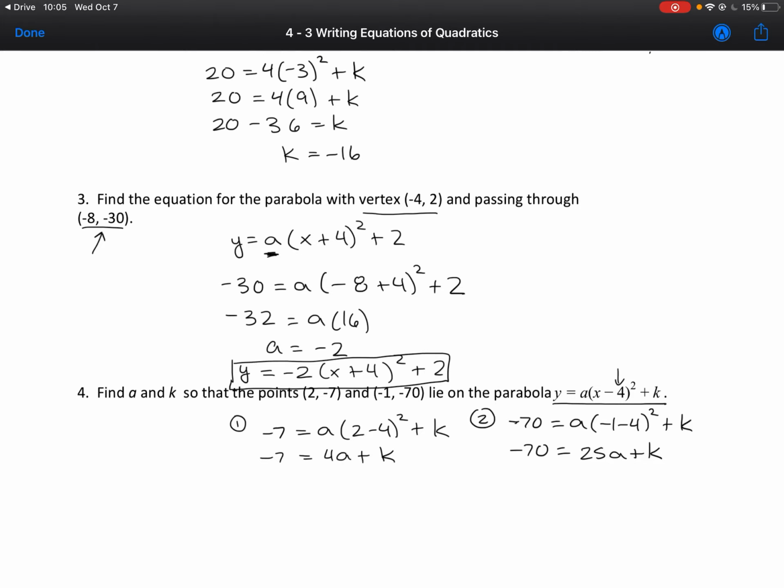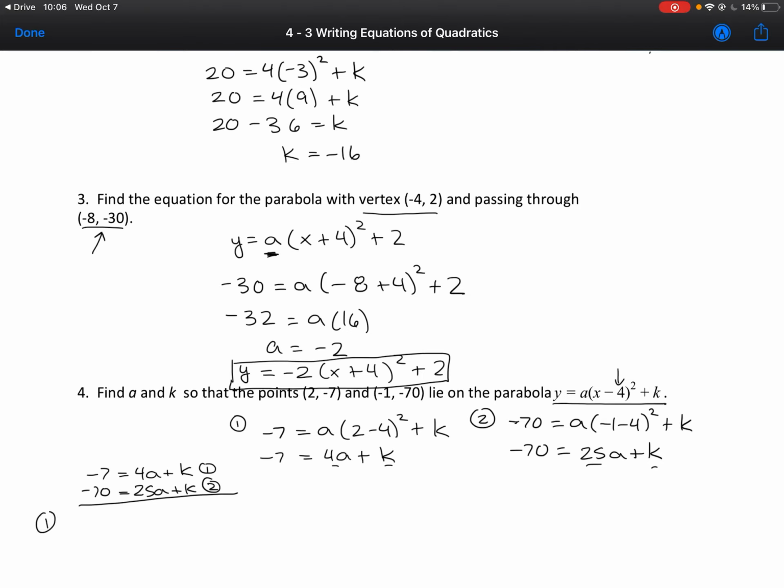Now I've got two equations and two unknowns, and now I can solve them. If I'm looking here, I've got 4a and 25a. Those coefficients aren't the same, but my k's both have a coefficient of 1. So I'm going to write my equations over here. I've got minus 7 equals 4a plus k. That's my equation 1. And then equation 2 is minus 70 equals 25a plus k.